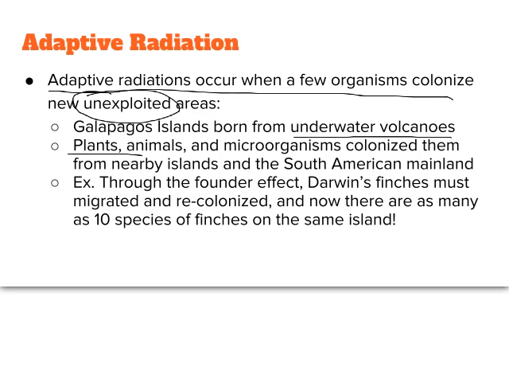So plants and animals and microorganisms from nearby islands colonized them, and because each island was a little bit different, each species adapted a little bit differently. So now you have lots of different species coming from one common ancestor colonizing a bunch of new unexploited areas and becoming new species. That's adaptive radiation.